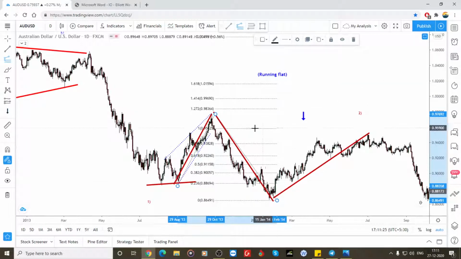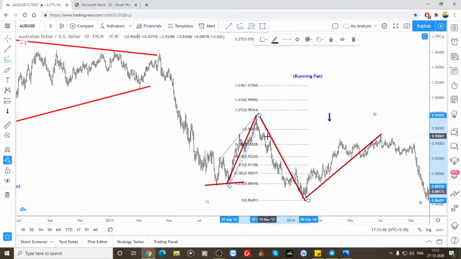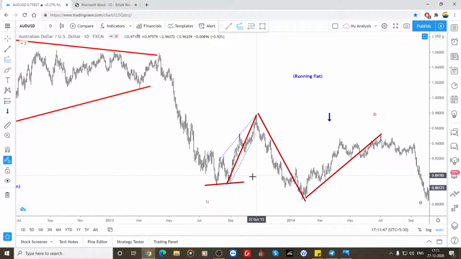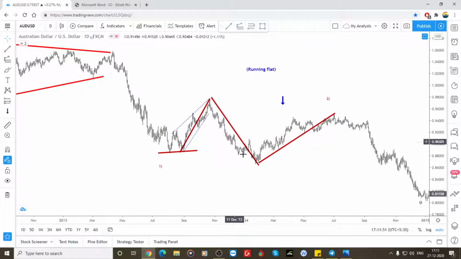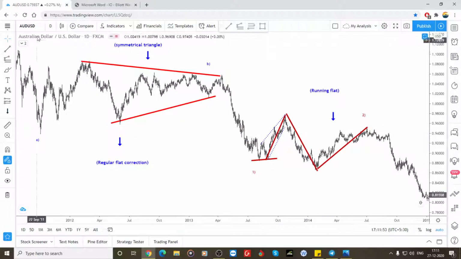Mind that everything has to be accepted within this range. It is not compulsory to hit the 1.272. It may get rejected within this zone as a running flat, or if it goes beyond that to 1.618, that is called an expanded flat. You have to practice with the fib expansion tool and the fib retracement tool for the running flat and the expanded flat.